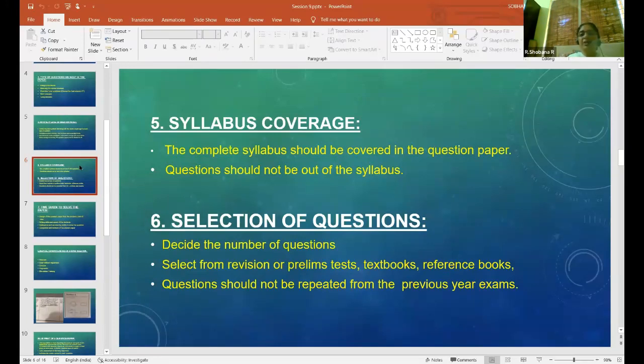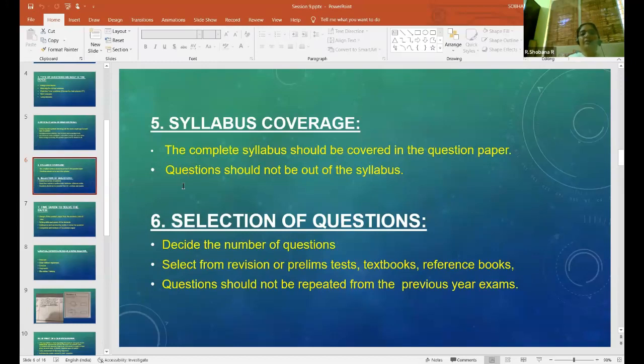That is why we say all the chapters must be given equal importance, and the question paper must cover the complete syllabus, so that each child can score marks doing problems in her chapter of expertise.